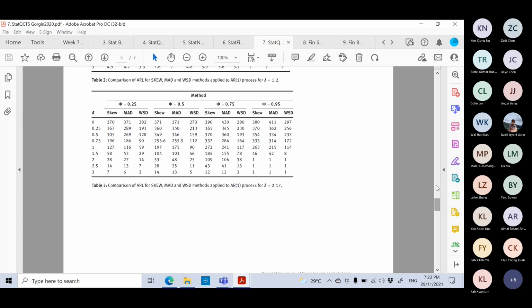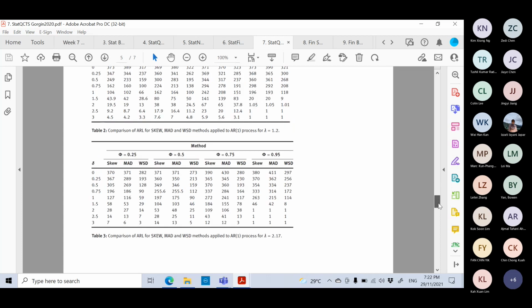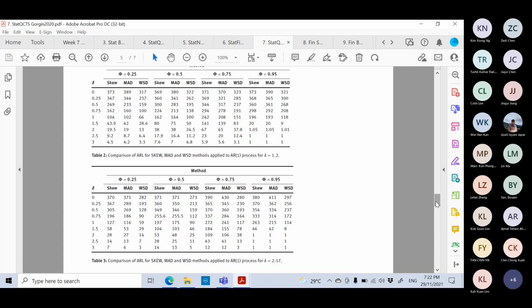So there is a justification, a reason why they want to use a skewed normal distribution. All these things are very important in research, where in statistics you can try using different distributions and different models to formulate your problem.